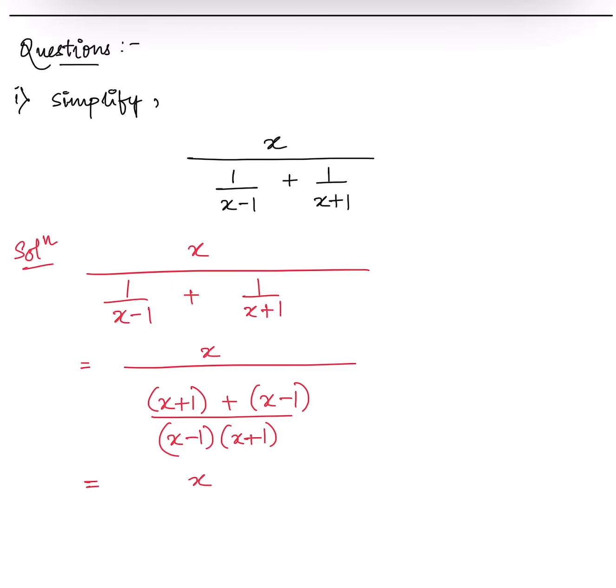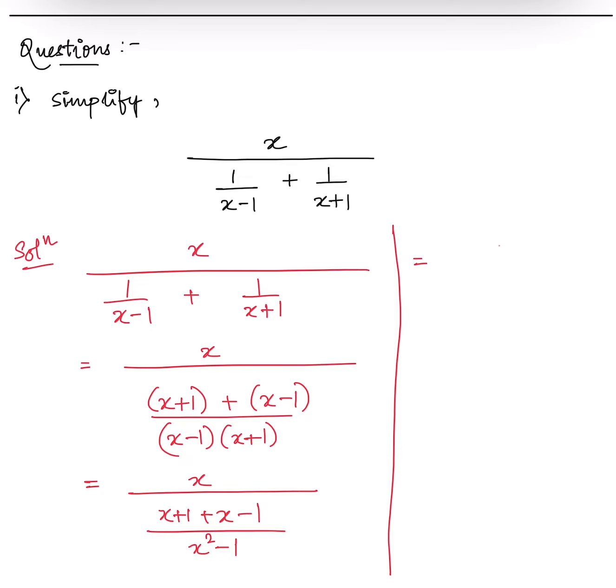So this gives us x by x plus 1 plus x minus 1 divided by x minus 1 into x plus 1. This is the same as a plus b into a minus b, so this was a squared minus b squared. So this is x squared minus 1. Now if we solve it, the terms cancel and we get 2x by x squared minus 1.